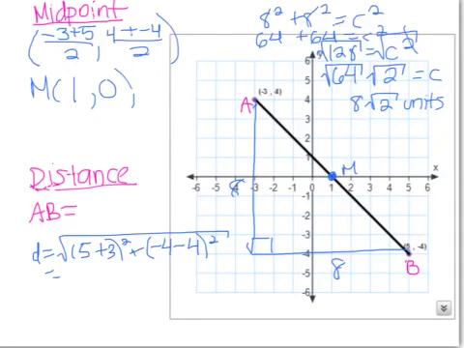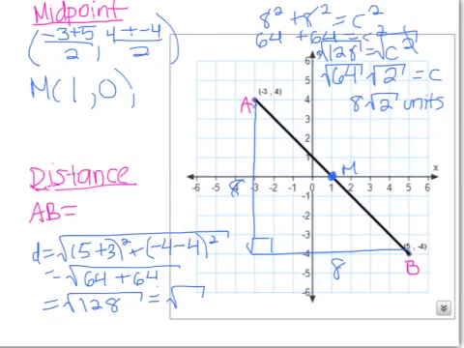So this gives us 5 plus 3 is 8. 8 squared is 64. -4 minus 4 is -8. -8 squared is +64. Again, we get the square root of 128, which we know simplifies down to 8 square root of 2. So 8 radical 2 units.